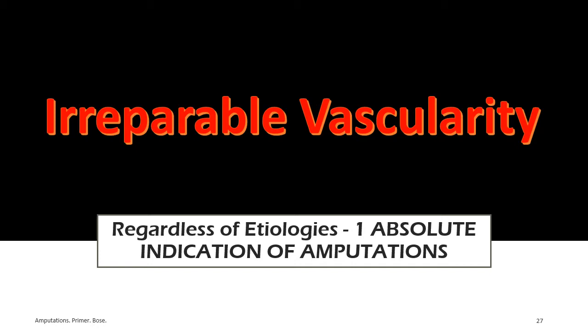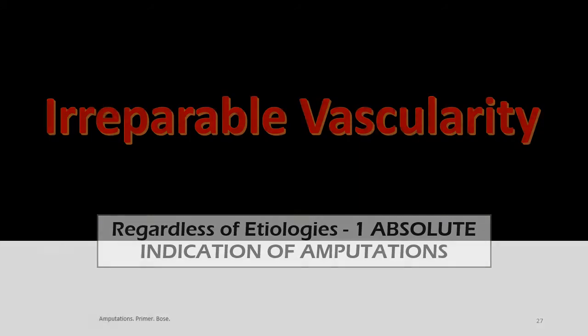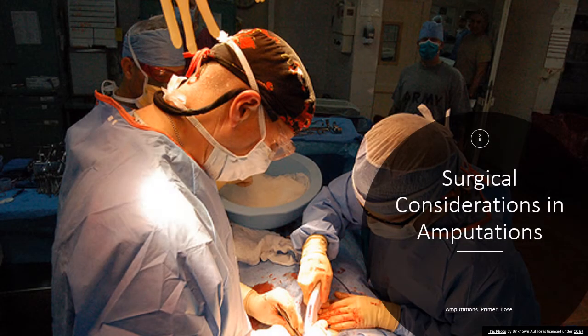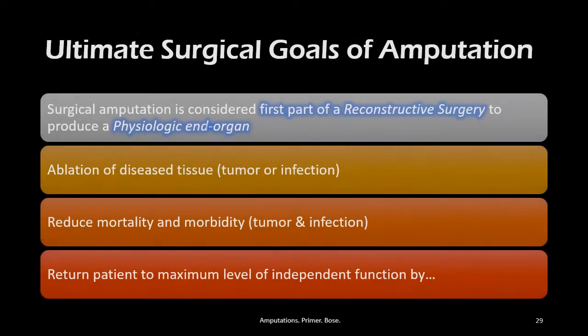Regardless of etiologies, there is one absolute indication for amputation, and that is irreparable vascularity. If the vascular supply is so damaged that it cannot be retrieved, then that is a cause for amputation. So let's look at some surgical considerations in amputation. The ultimate surgical goal of amputation is to produce what is known as a physiologic end organ.